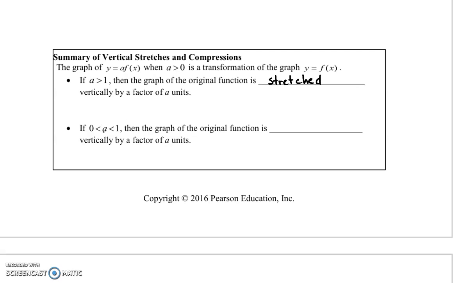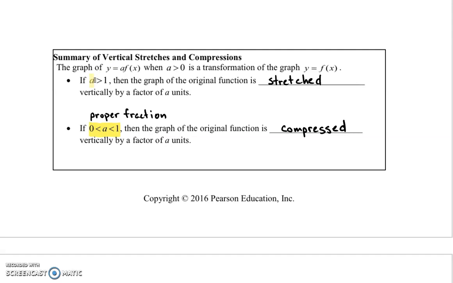If the number we're multiplying by is between 0 and 1, meaning a proper fraction, then the graph is what we call compressed vertically by a factor of a units.